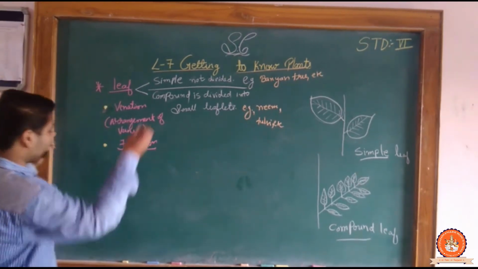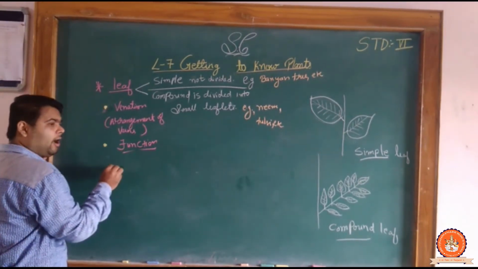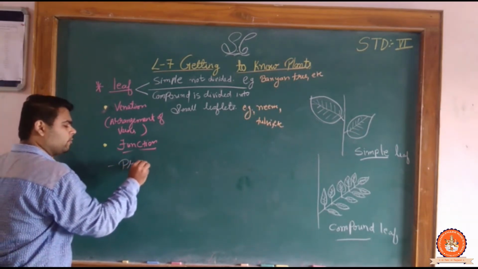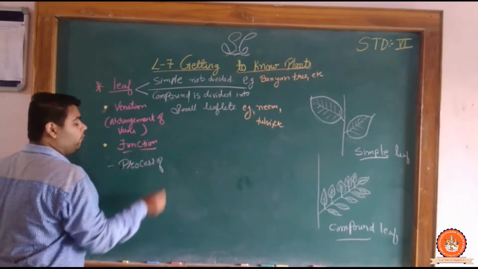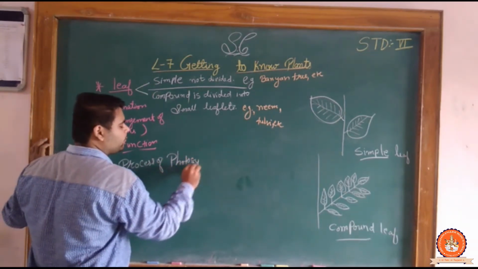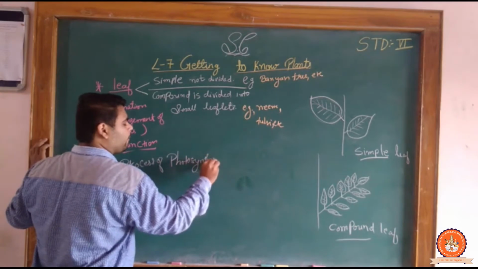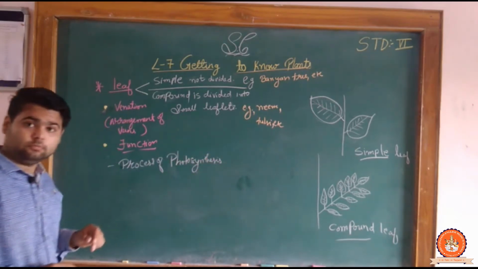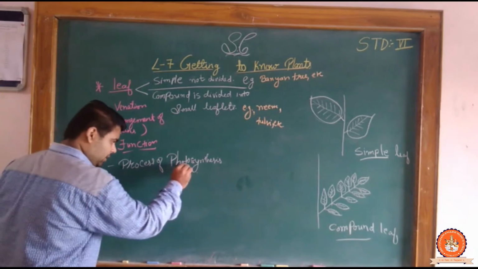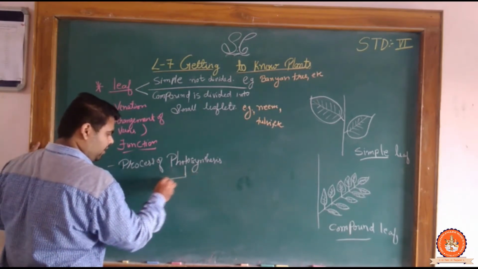So leaves are doing the process of photosynthesis. How? Okay. In the photosynthesis process, we need what?